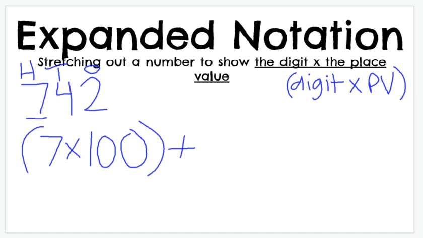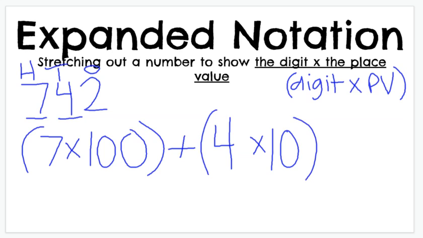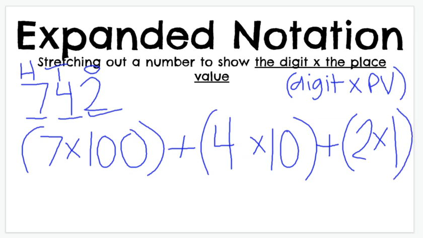I'll add my next group using an addition symbol, and then I'll take my next digit, 4, so I'm taking my digit and multiplying it by the place value, 10, because the 4 is in the tens place. And then that will go inside of its own group of parentheses as well. I need another plus sign to add my next group. Again, I'll take my digit, the 2, and multiply it by the place value, which would be 1, because it's in the ones place.